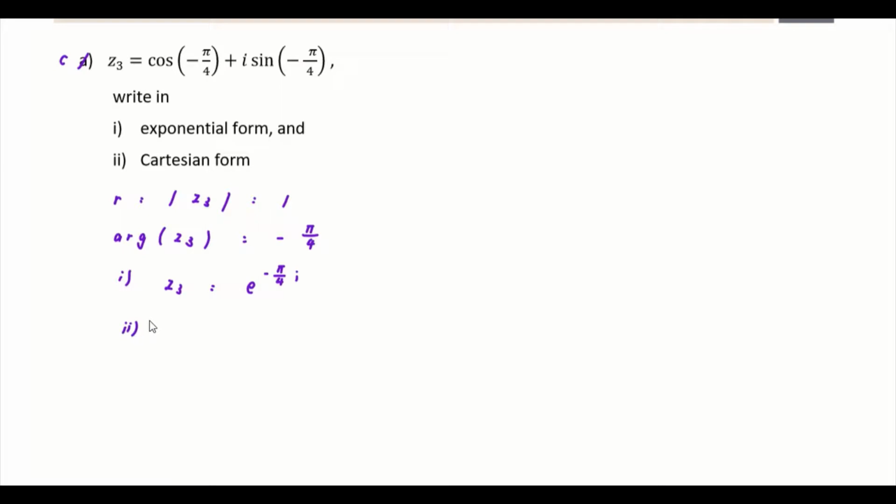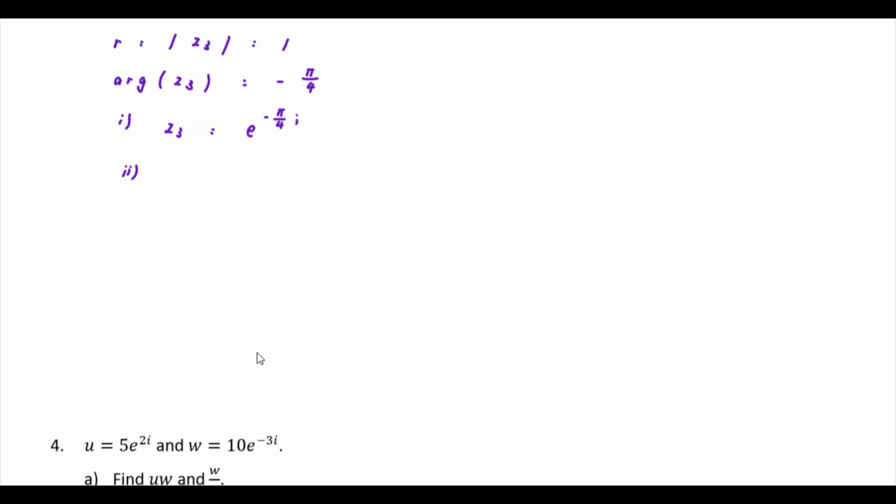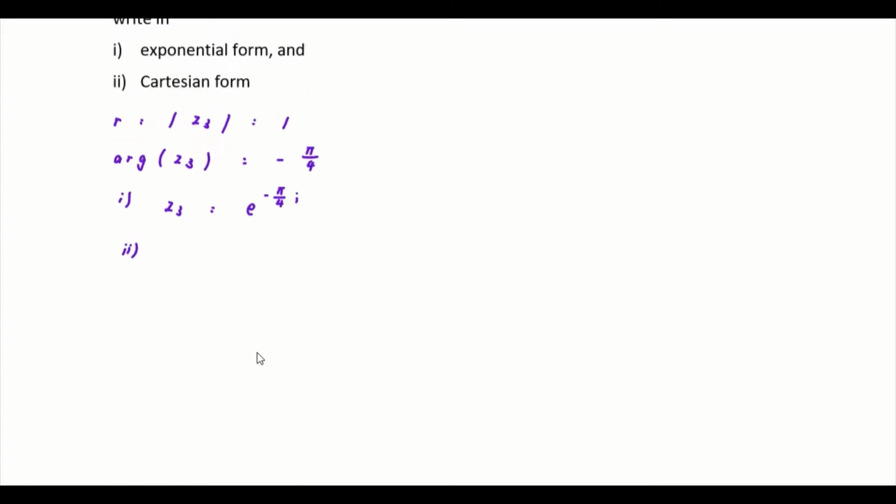Now we proceed to part 2, which means we need to do the Cartesian form. Same thing, we need to identify where our position vector is. We have negative pi over 4, which means the angle is in the negative direction. So it's going to be in quadrant 4, because negative pi over 4 is not larger in magnitude than negative pi over 2.